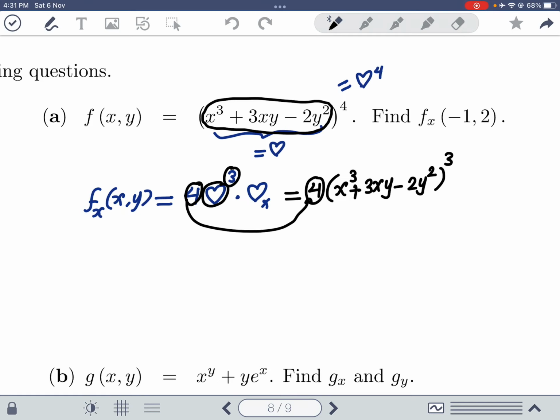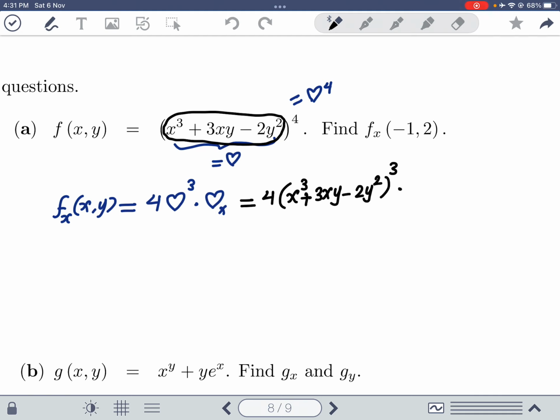Heart to the power 3 is here, heart to the power 3. I shouldn't do all of this, but I'm just showing you that I'm not bringing this from nothing, times. Now this, heart x. So the derivative of heart with respect to x, this is now important. This is heart sub x. I will replace it once we know it. So heart, remember, is x cubed plus 3xy minus 2y squared.